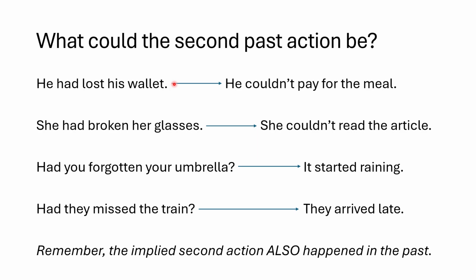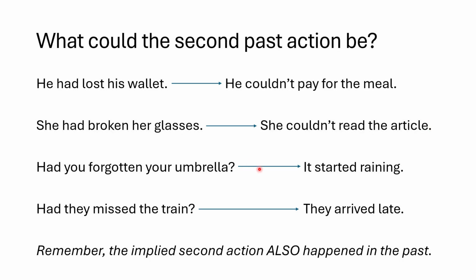He had lost his wallet. What might happen next? He couldn't pay for the meal. She had broken her glasses. What might happen next? She couldn't read the article. Had you forgotten your umbrella?